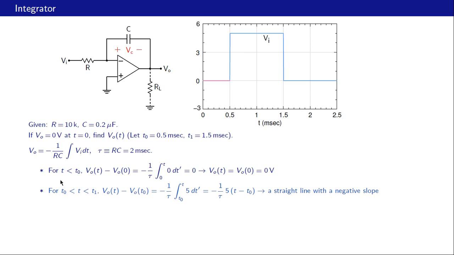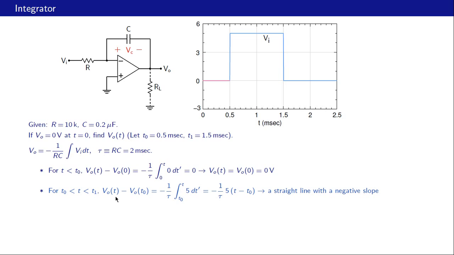Again, we integrate Vi from t0 to t, and on the left hand side we will get Vo at t minus Vo at t0, and on the right hand side we'll get minus 1 over tau integral t0 to t Vi dt, and Vi is 5 volts, so this turns out to be minus 1 over tau times 5 times t minus t0, and this is simply a straight line.